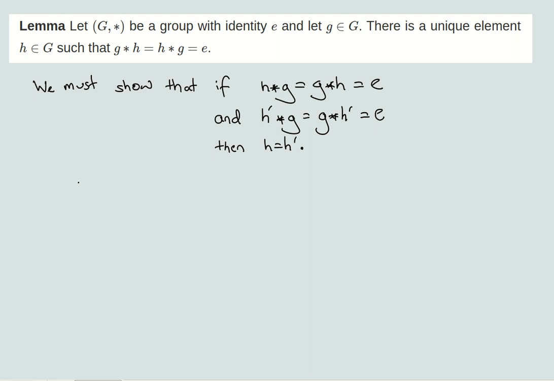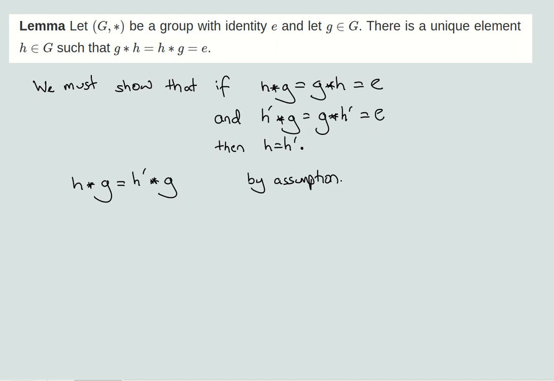So let's try this. Step 1, well, what do we know? We know that h star g must be equal to h prime star g. That's simply by assumption. Both of those things are equal to the identity e, so they're certainly equal to one another.